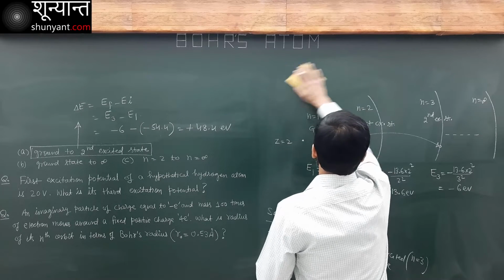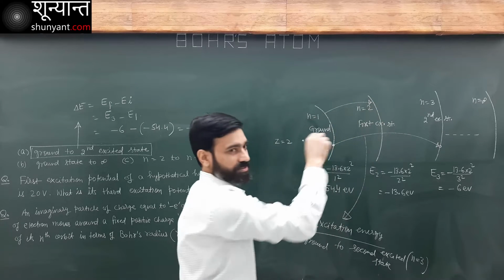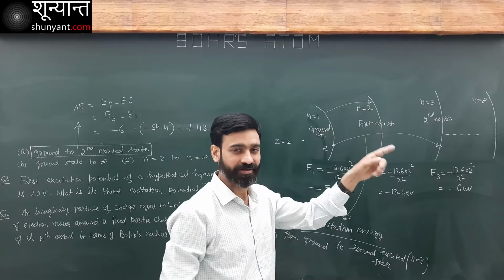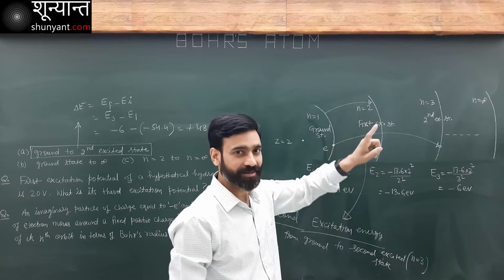Now what will be this energy if I want to send my electron from the ground state to the second state? The second state is the first excited state.